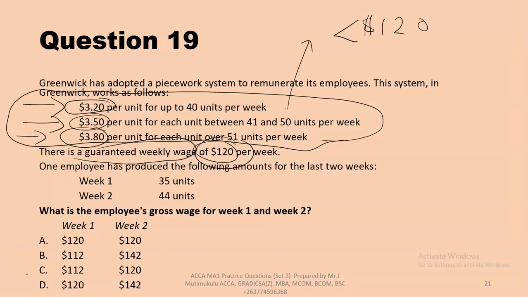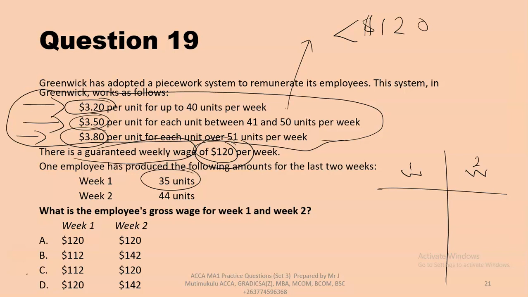So we need to calculate the amount of wages we have to pay in week 1 and in week 2. We need to be very systematic, so we just use the information we have at hand. In week 1, this employee worked 35 units.